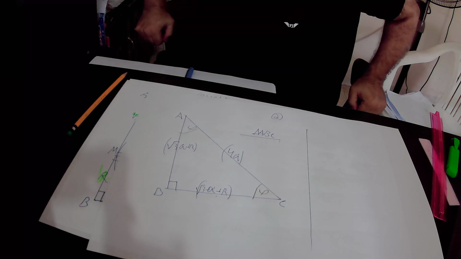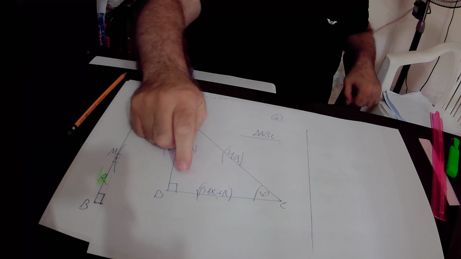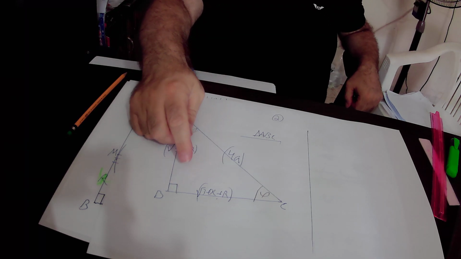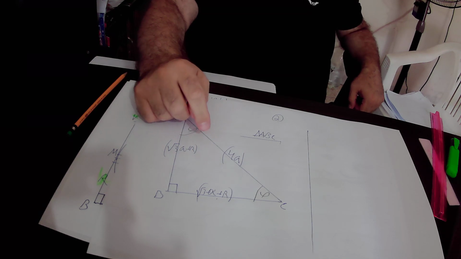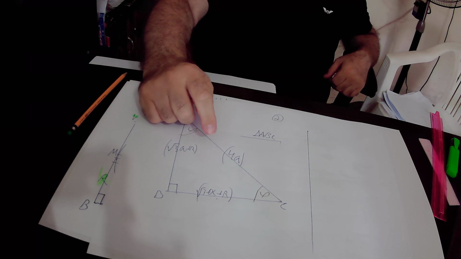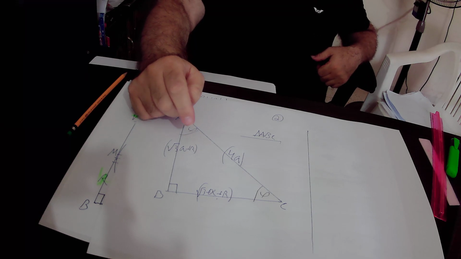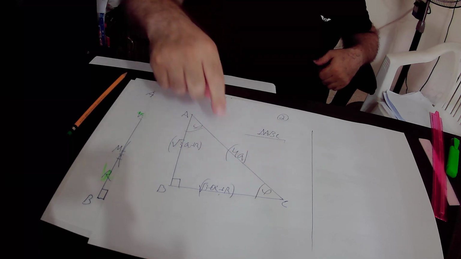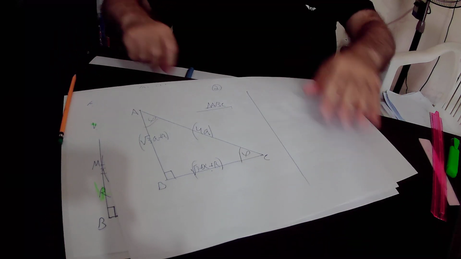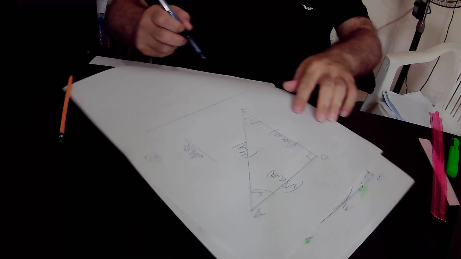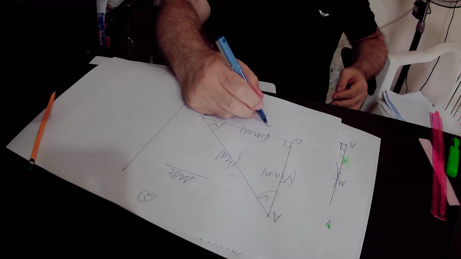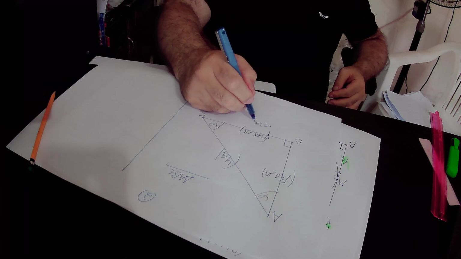So this angle equals 90 degrees, therefore the two other angles must add up to 90 degrees in order to complete the sum of the angles in the right triangle ABC to 180 degrees. That is to say, alpha plus alpha must be equal in total to 90 degrees.